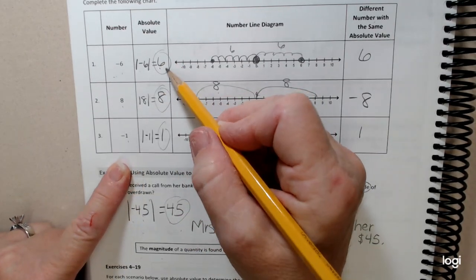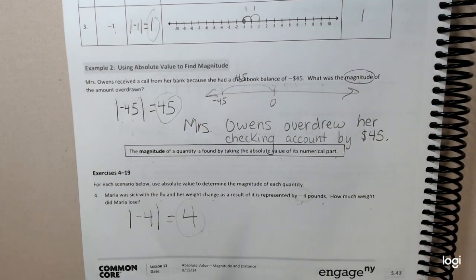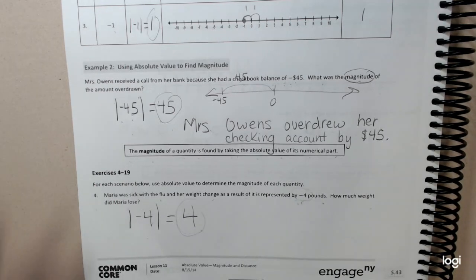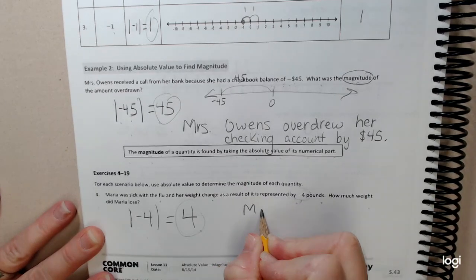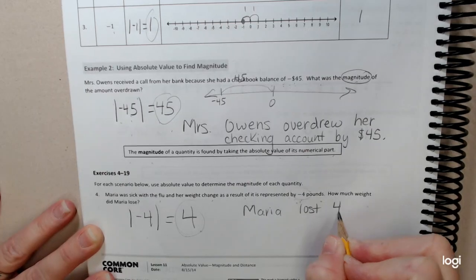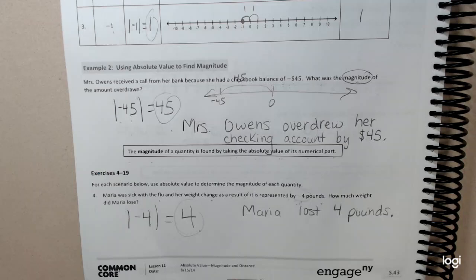It looks like to me every time I'm asked to find absolute value, it is always going to be positive. Okay, so let's go ahead and write our sentence. Maria lost 4 pounds. Don't forget your capital letters and periods. When you are finished, flip over to the next page.